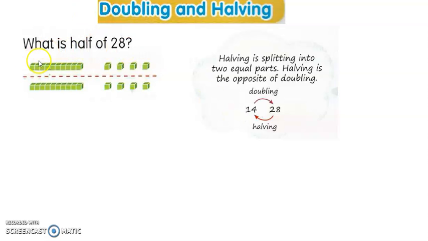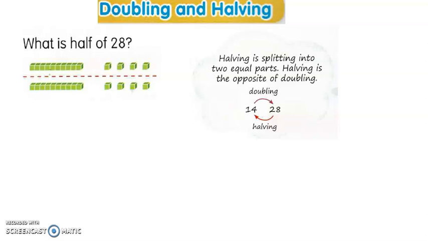Now here we have what is the half of 28. We have here 10, 10, 4, 4. So here is 20, here is 8, 28, and when we halve this number, we split it into two equal groups or two equal parts. So the first part will be 14, the second part will be 14.